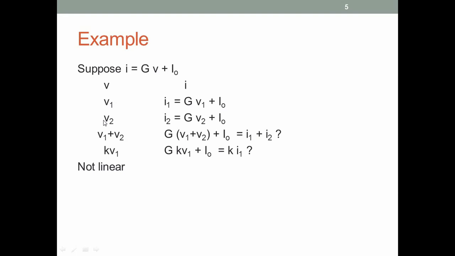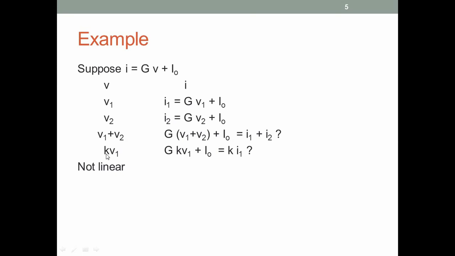If we apply a voltage V2, then the current that flows is GV2 plus I0. Now if we apply V1 plus V2, then the current according to this equation is G times (V1 plus V2) plus I0. So the question is, is this equal to I1 plus I2? If it is, the element is linear. If it is not, it is not linear.